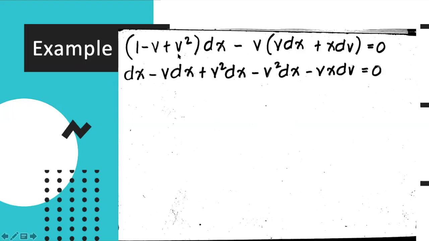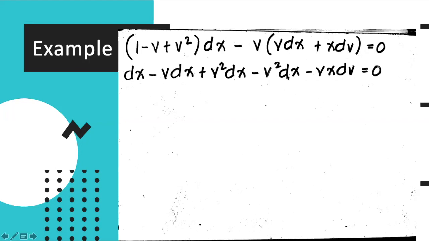So kinopya ko lang saglit and then I will distribute na yung dx sa bawat term. Para may makita ako, baka may makita ako na similar terms, I can combine them before I separate the variables. Okay, so dx times 1, dx, negative v times dx, negative v times v dx, so negative v squared dx, negative v times positive x dv, so we have negative vx dv.